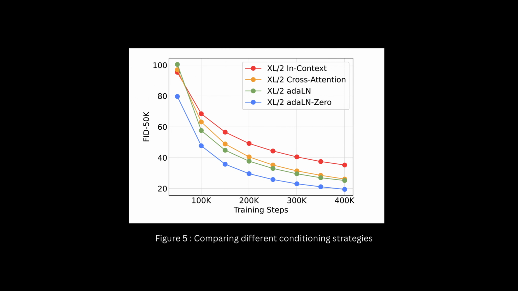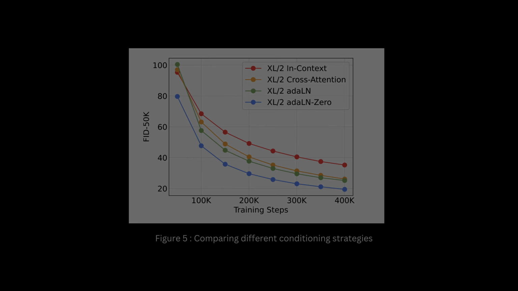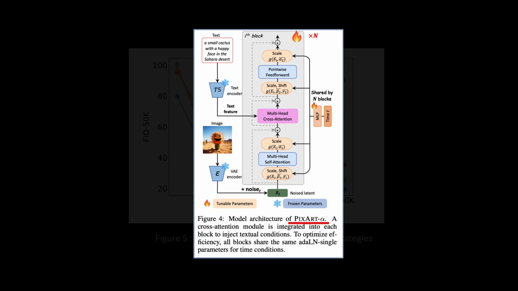Do keep in mind that this is specific to class conditioning. The same result might not be necessarily true for something like text conditioning, where even though you could do adaptive layer norm with pooled text token embeddings, I'm guessing cross-attention should perform better. Like here is an example of a later paper which trains DiT for text-to-image generation, and it also uses cross-attention for text conditioning.